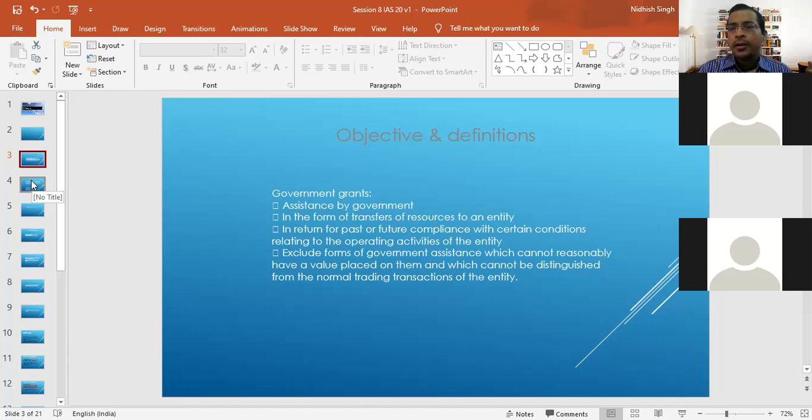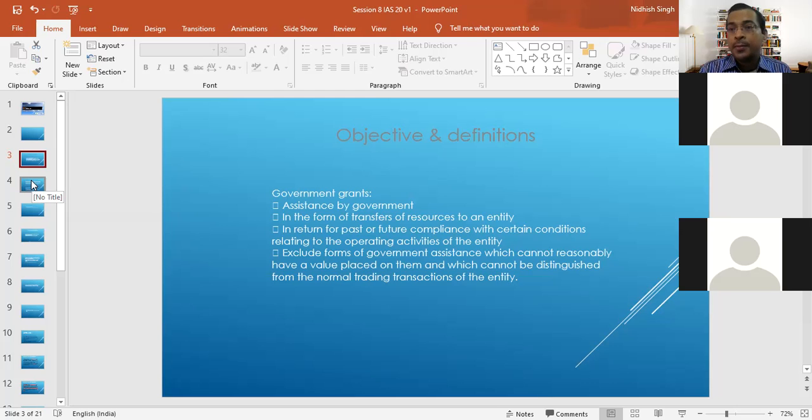Let me make the scenario more specific. Say you decide to open a school, in an area where there was no school. Government wanted to support such edupreneurs. So what can happen?